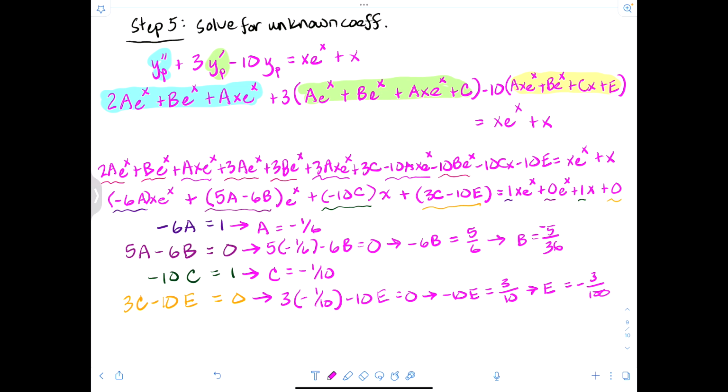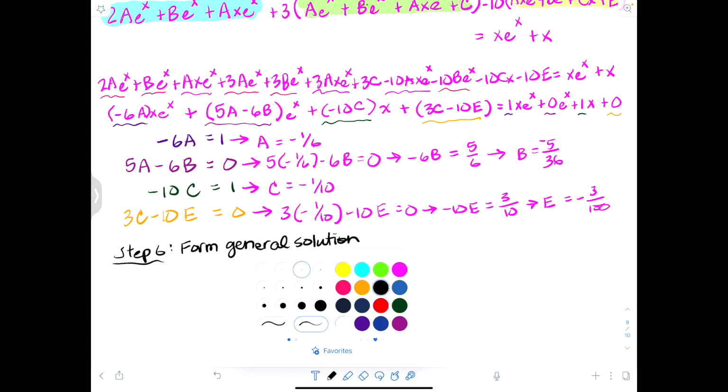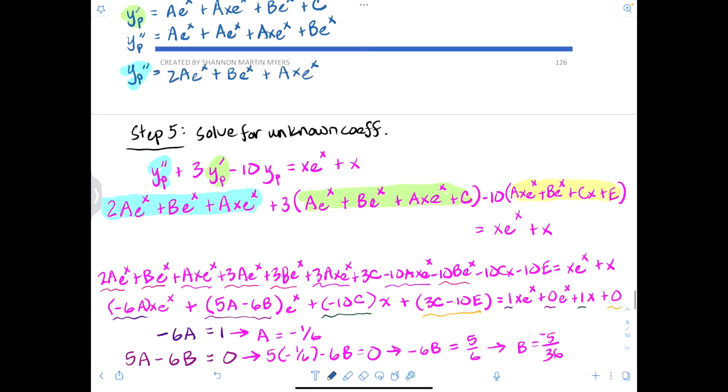And now we go back and find our general solution. So step 6, we already found it, we form the general solution, plugging in what we found for the constants for the particular. So here we go, y equals.